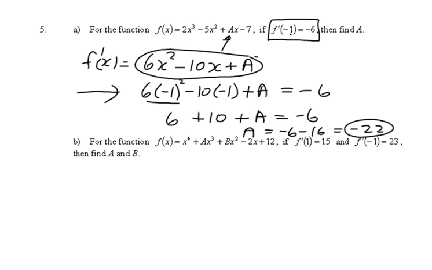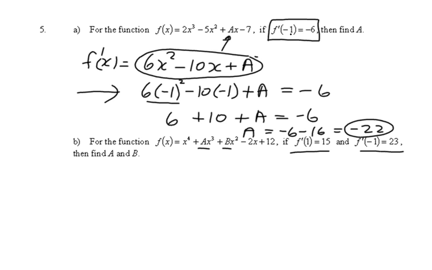Well, class, they have to play fair with you. If they give you 2 missing coefficients, they better give you 2 hints. And they do. They give you the derivative at 1 is 15, but they also say that the derivative at -1 is +23.